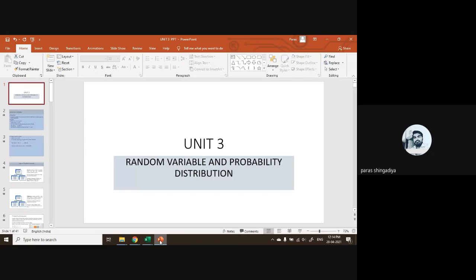So in the last lecture, we completed unit number two, the part on correlation and regression.